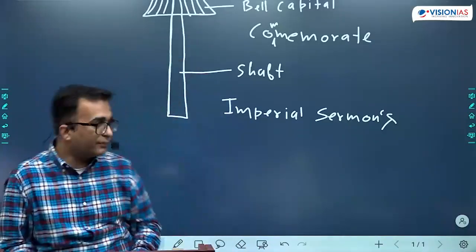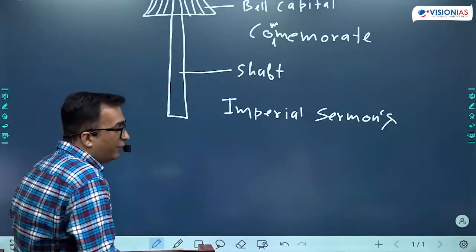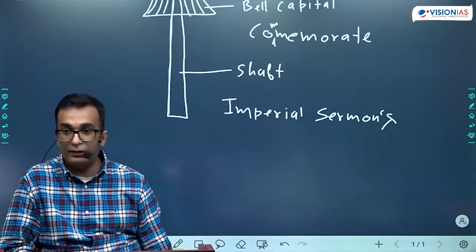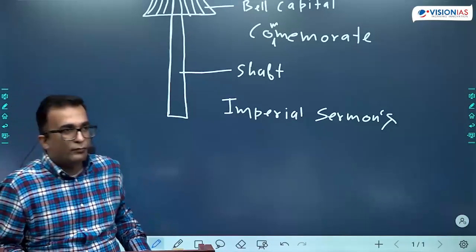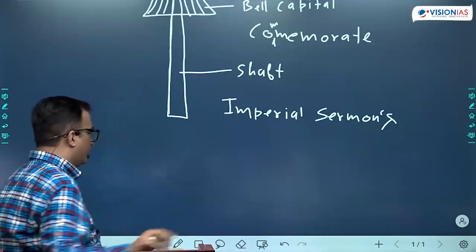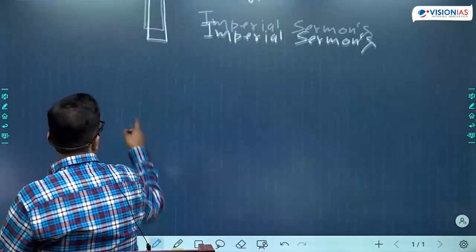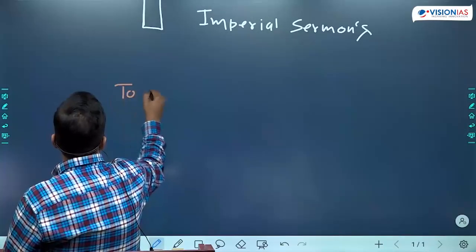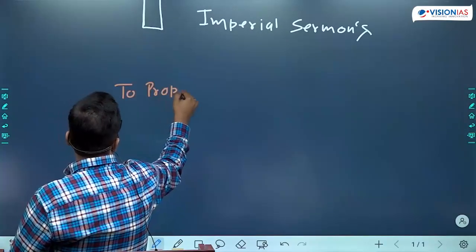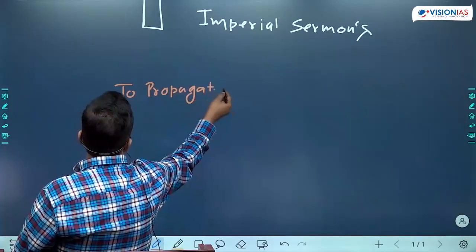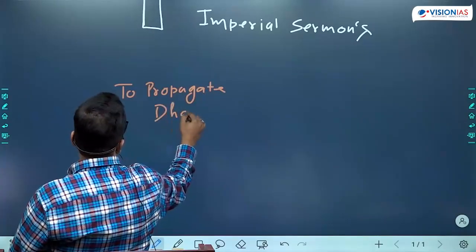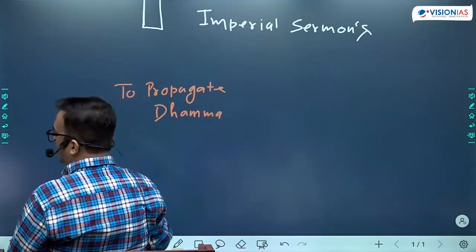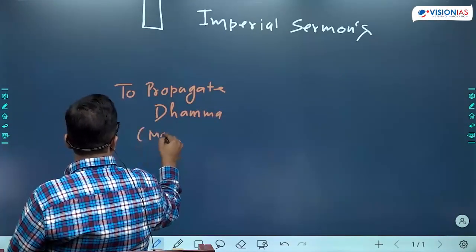Then next you write, after the Kalinga War. So number one, after the Kalinga War: to propagate Dhamma. And what is Dhamma? Moral, ethical code of conduct.